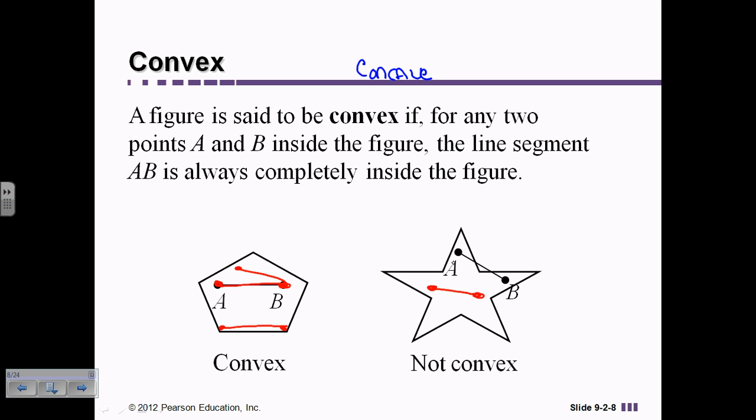But I can also pick an A and a B up here, like they've shown you, and this part of the segment right here is not inside the figure. So this is what we refer to as a concave shape, and the first one that you see here is convex. Another way of thinking about concave is one of the sides is caving in. So that's another way I look at it.